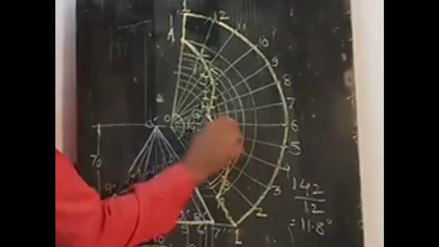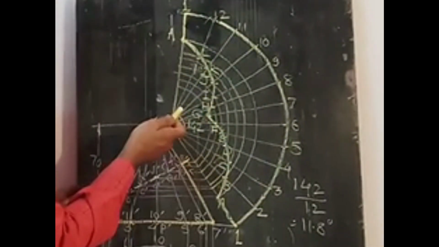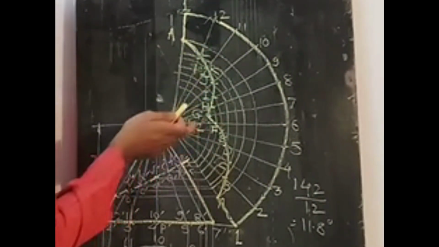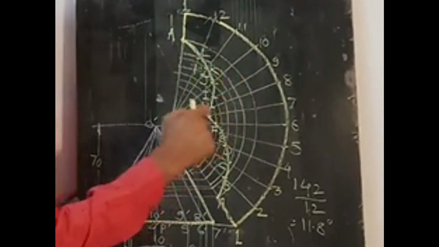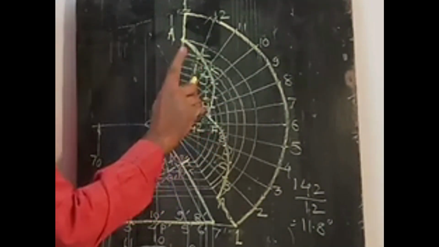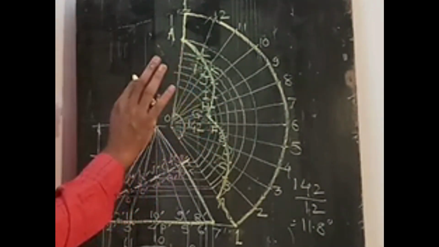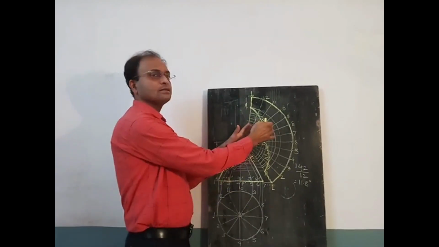Remember, initially when we draw the overall development, all the generators are to be kept thin. Even right from apex, we have to draw all the generators by thin lines, and later on only the part which is retained is to be kept thick. Remember, generators are imaginary lines, that's why we have to keep them thin only. Don't make them thick. So this is the way we have obtained projections and its development.